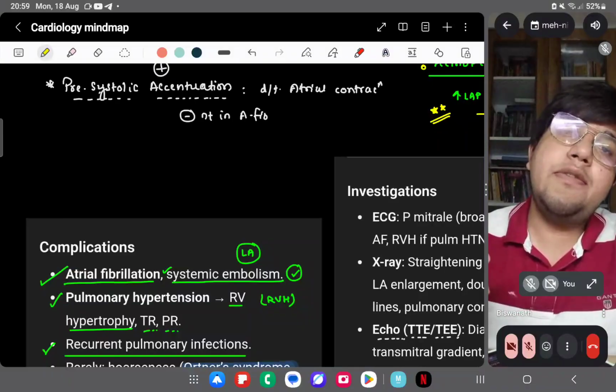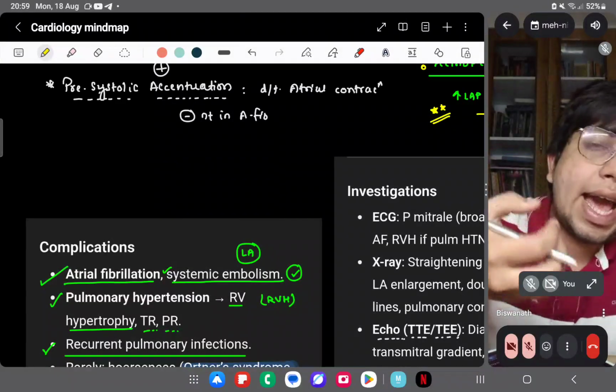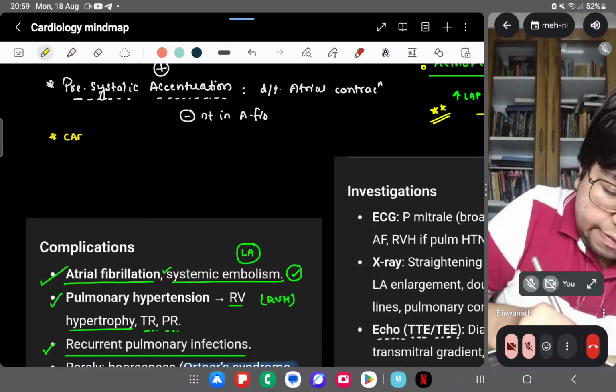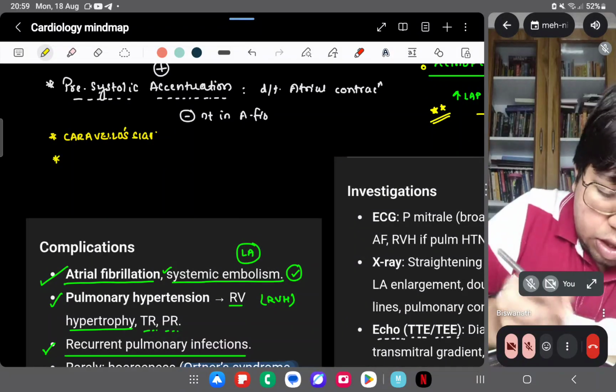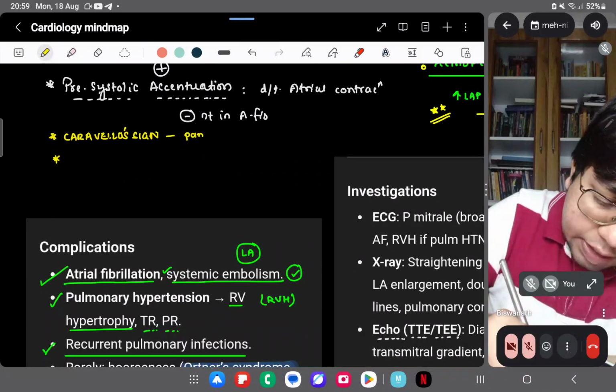If it is associated with TR, you can have a pan-systolic murmur, which is called Carvallo's sign. So we have something called Carvallo's sign, which is a pansystolic murmur.